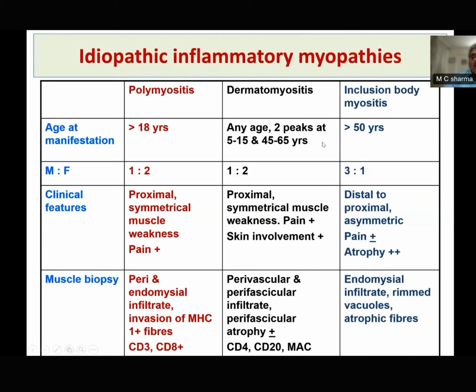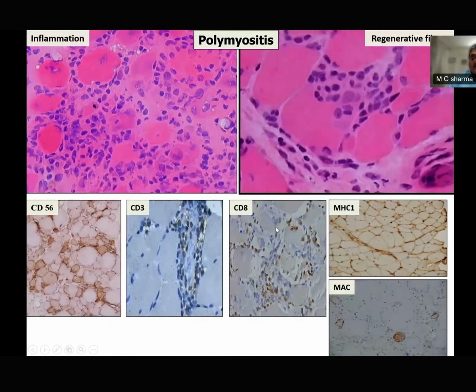This is the only one where there is male predominance, 3 in 1, mostly a disease of males. It is a distal involvement, weakness of the hands, feet, small muscles, and thinning of the distal muscles. In the muscle biopsy, it is the characterization of the inflammatory cell infiltrate.